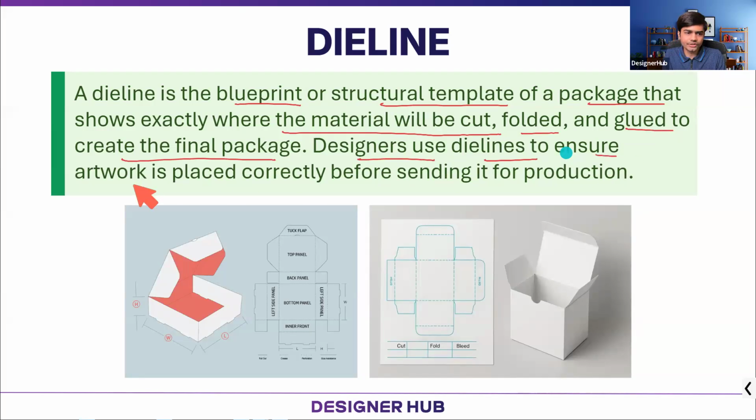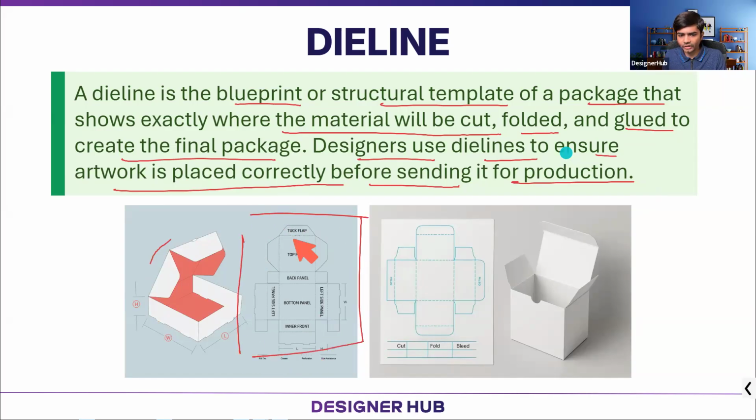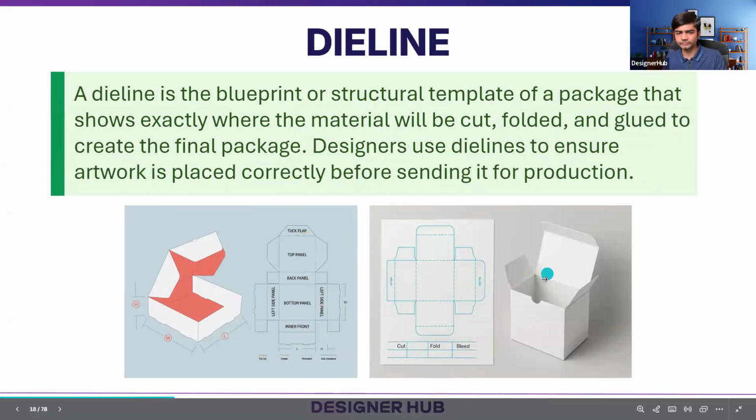Designers use a die line to ensure the artwork is placed correctly before sending it for production. This is how your die line would be for the box itself. At the end of the day, you're designing on a flat screen, so it has to be flat. You're clearly mentioning which one is going to get tucked, which is your top panel, back panel, bottom panel, front panel, left panel, side panel, right panel, width, height, all of it.